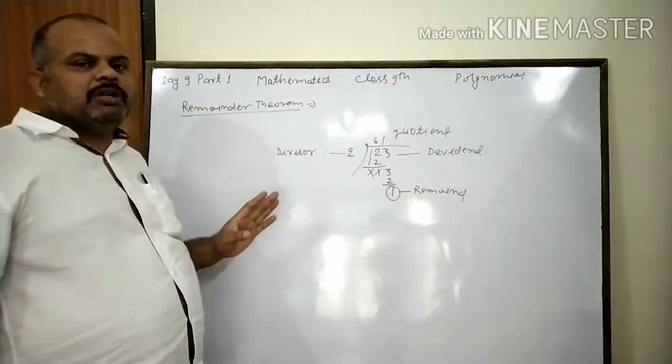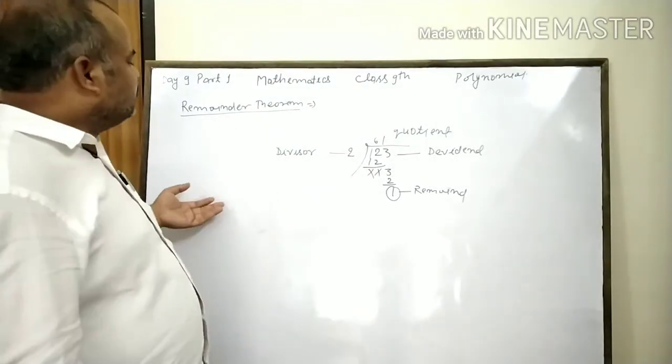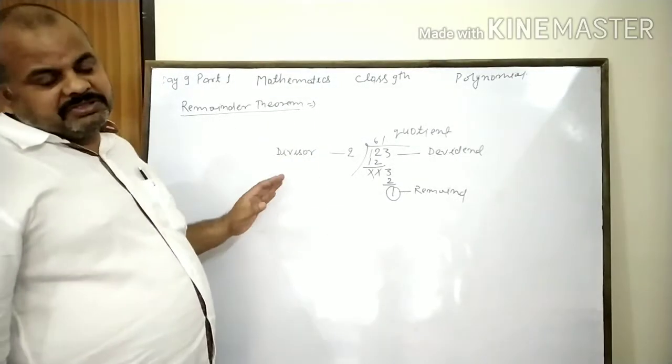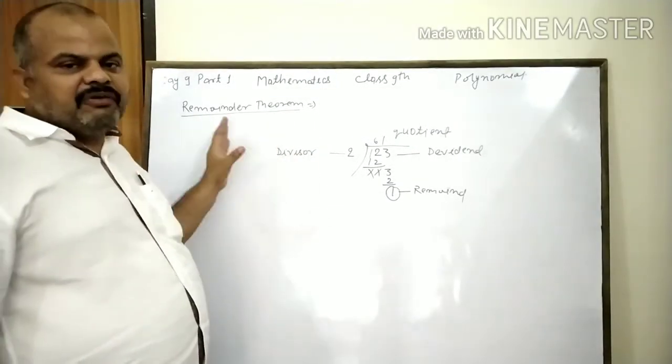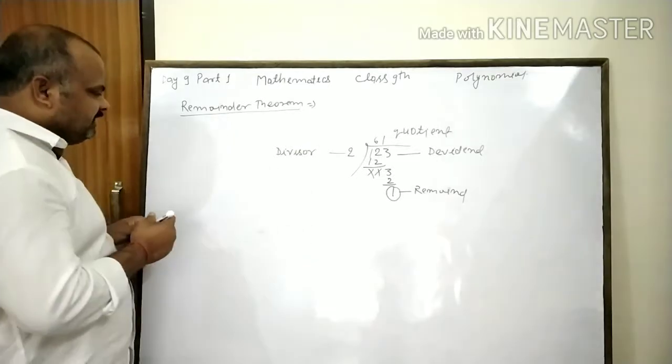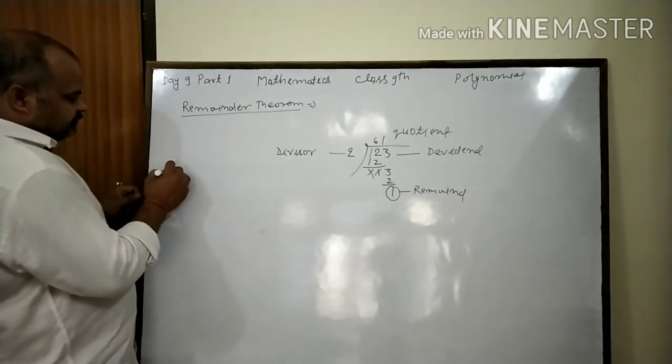Or the division algorithm. You already know the division algorithm. It is a process by which we can check whether our division is correct or not. Then see what the division algorithm is.